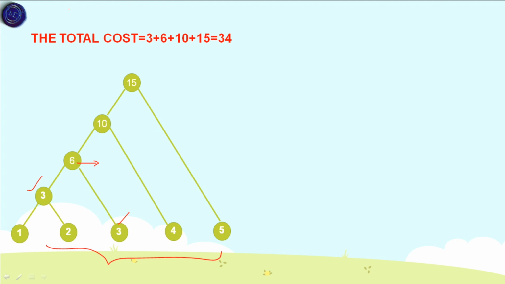The total cost for moving the whole data into a single file is 34, because first I combine to get 3, then 6, then 10, and then 15. So 3 plus 6 plus 10 plus 15. The total moves are 34.